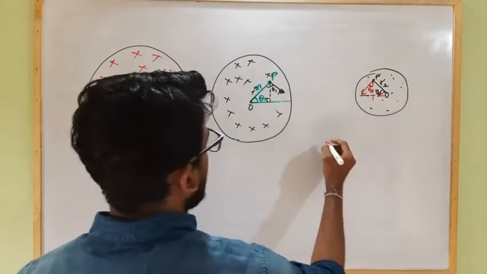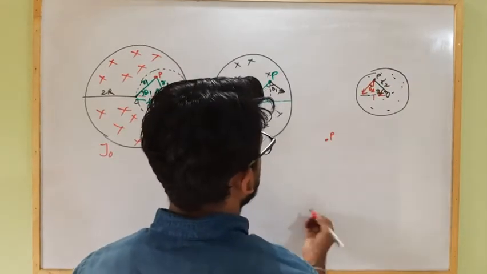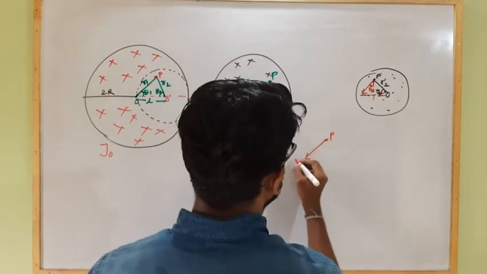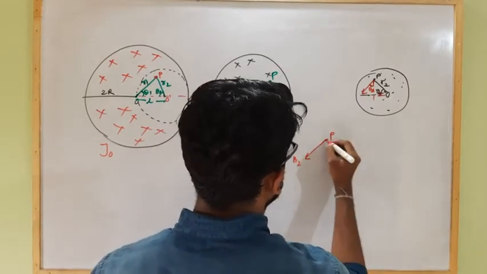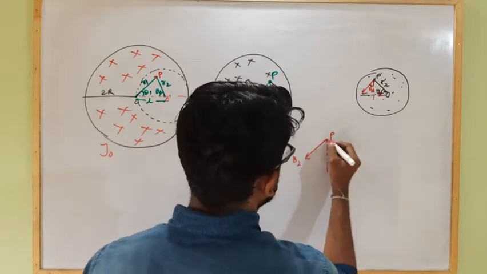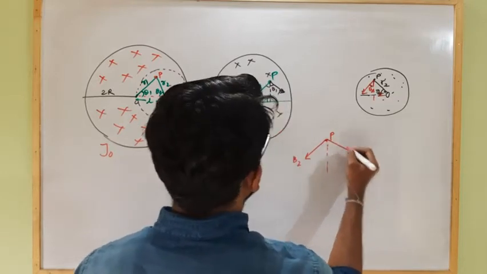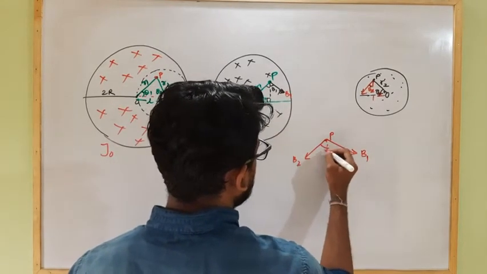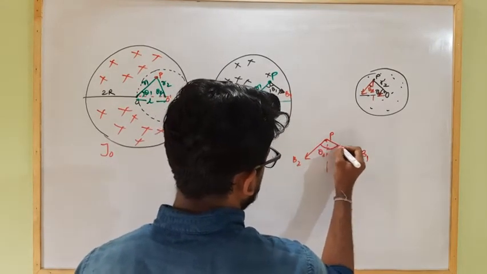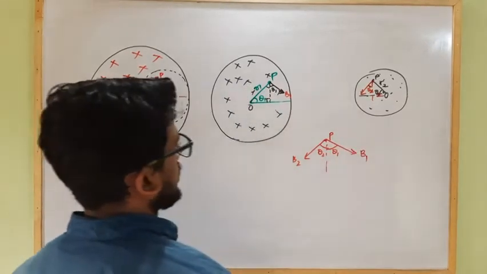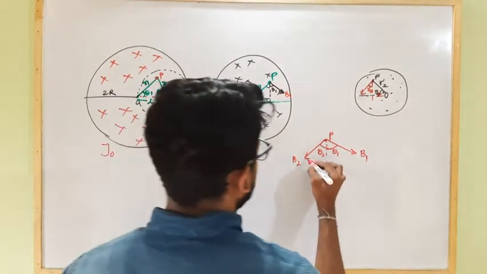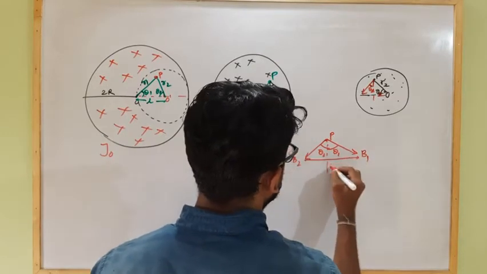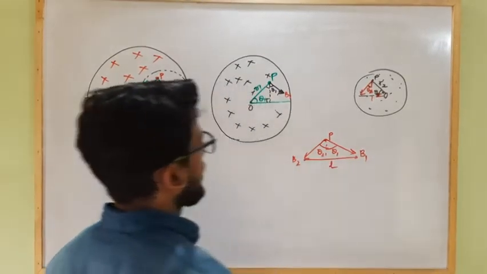So the net magnetic field strength at point P: along this direction it will be B2, along this direction it will be B1, and this angle is theta 2, this angle is theta 1. Clear?